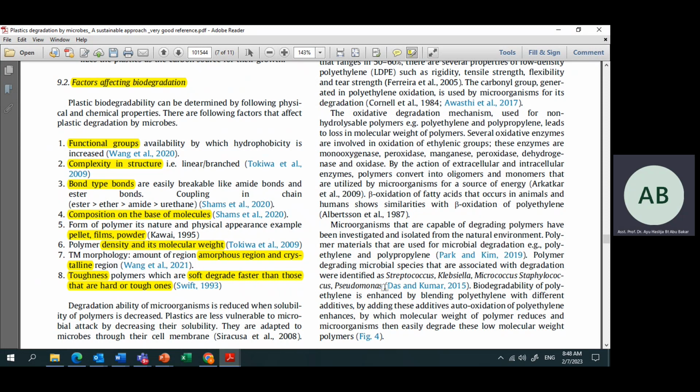Type of the microbes. These are a few types of microbes that can degrade the plastic. Memorize only one is enough, at least one name. Pseudomonas is a common one.